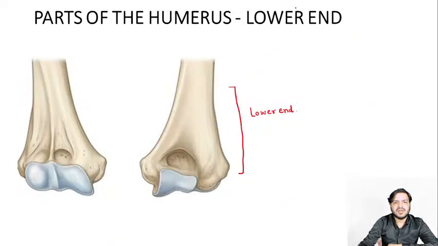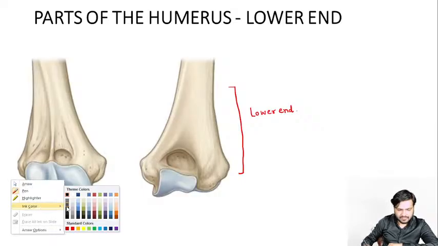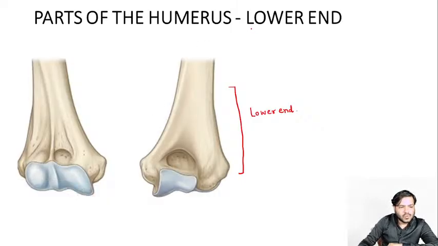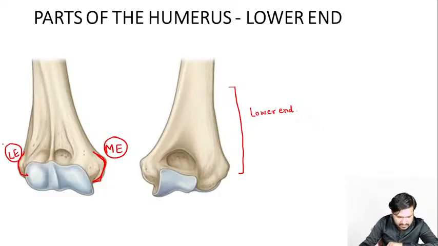So write down, we will be discussing now the epicondyles of the lower end. Remember guys, we have two epicondyles. You already know we have the medial epicondyle and the lateral epicondyle.